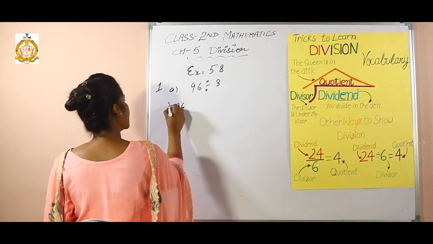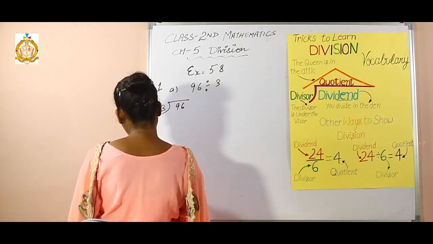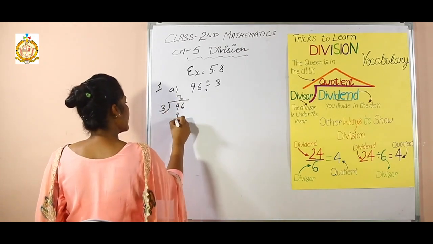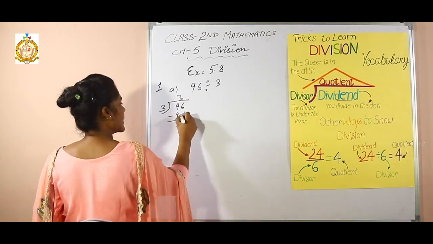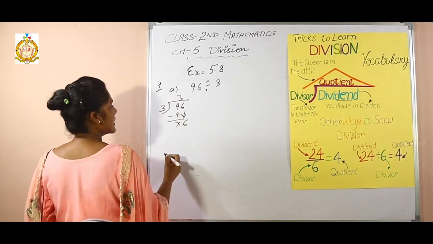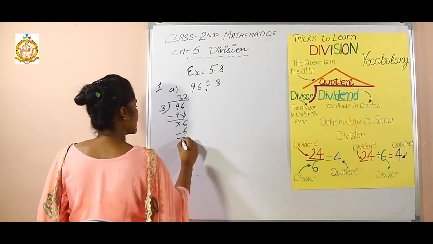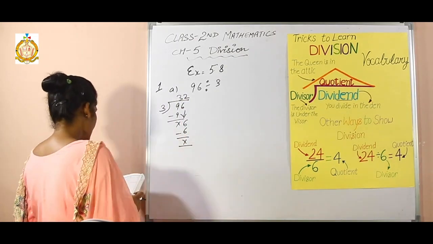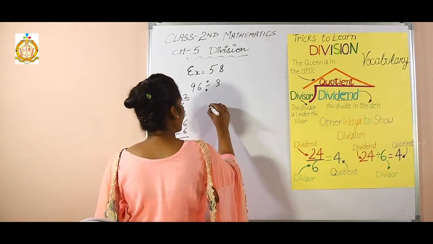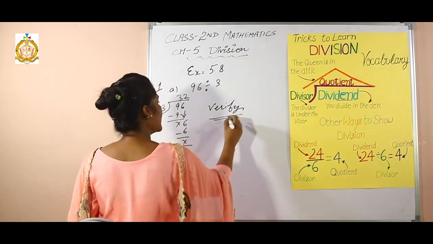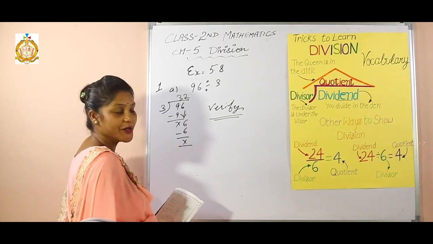So 3 3s are 9, and bring down this 6. 3 2s are 6. And this sum, here is verification. Verify the sum that I already discussed in my previous video.